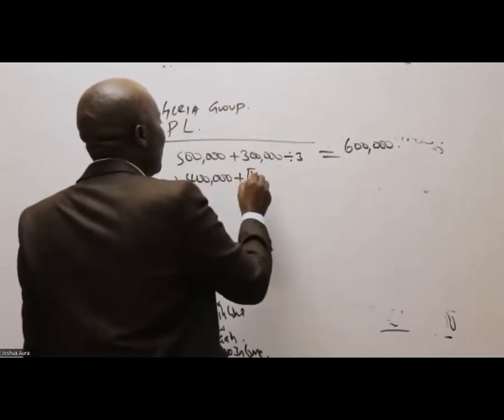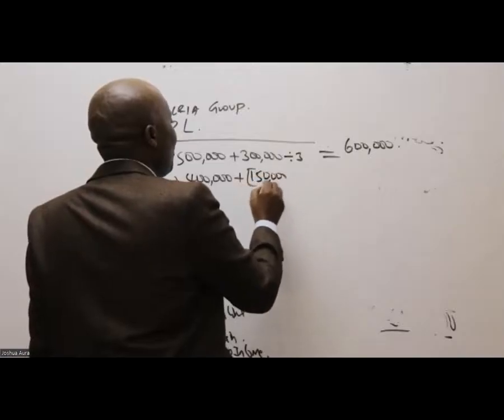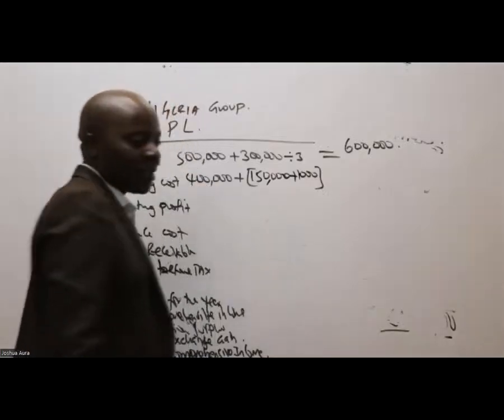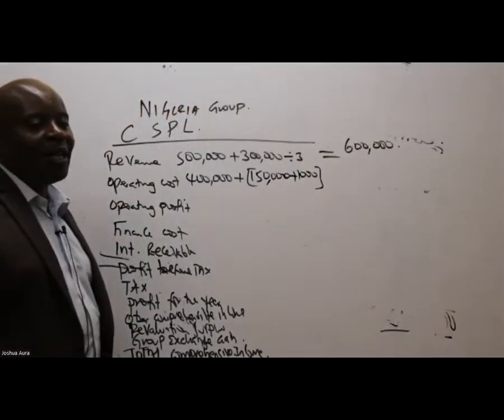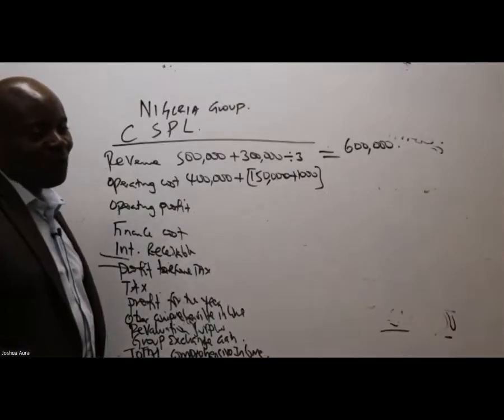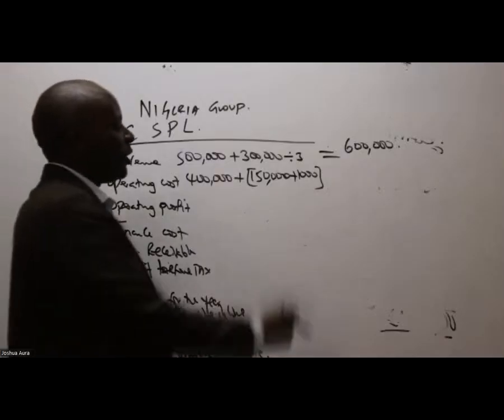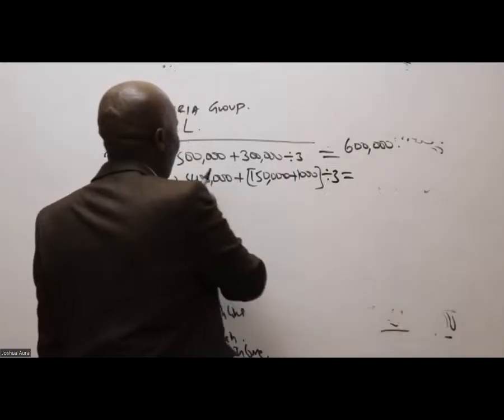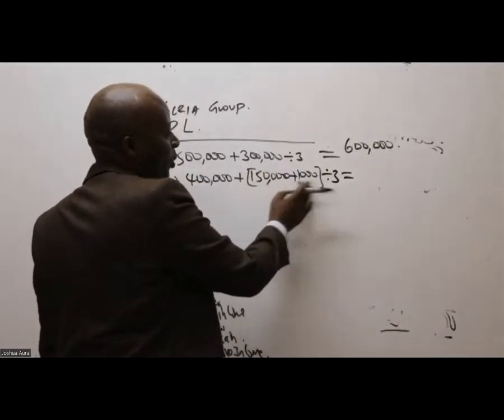But remember, there is another operational cost that so many people will forget. There was an additional depreciation which came because of your fair value adjustment. That automatically will go to the operations. So these two are in DNs. They have to be divided by 3. So please take 400,000 plus 151,000 divided by 3.